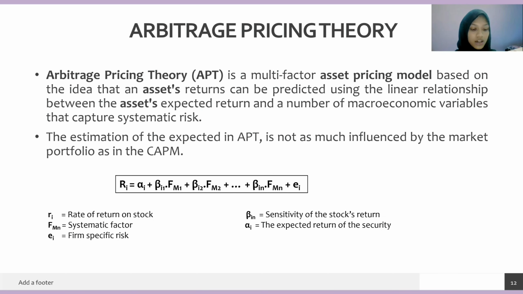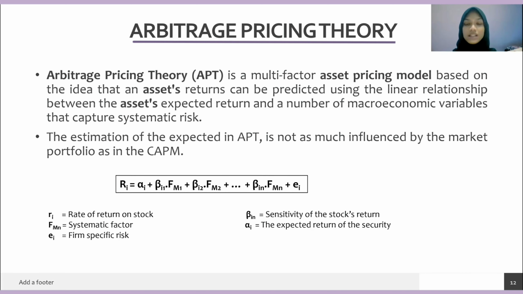Next, there are other models to calculate the expected rate of return. So there is arbitrage pricing theory. Arbitrage pricing theory, APT, is a multi-factor asset pricing model that is influenced by macroeconomic variables that capture systematic risk, and the estimation of the expected return in APT is not as much influenced by the market portfolio as in the CAPM.